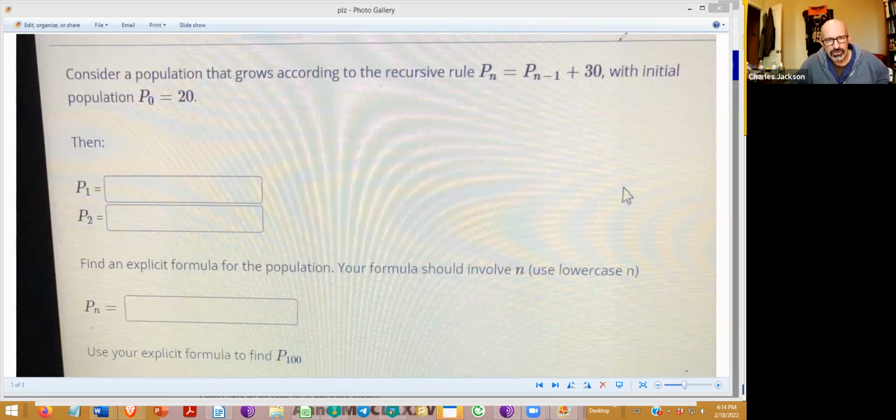Consider a population that grows according to the recursive rule P sub n equals P sub n minus 1 plus 30, with initial population P sub 0 equals 20. So they want us to find a few terms of this. And of course, the goal is going to be to find P sub n.